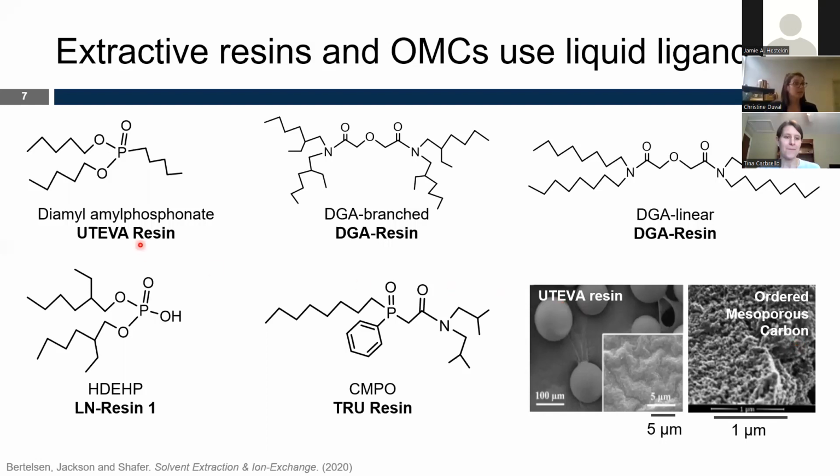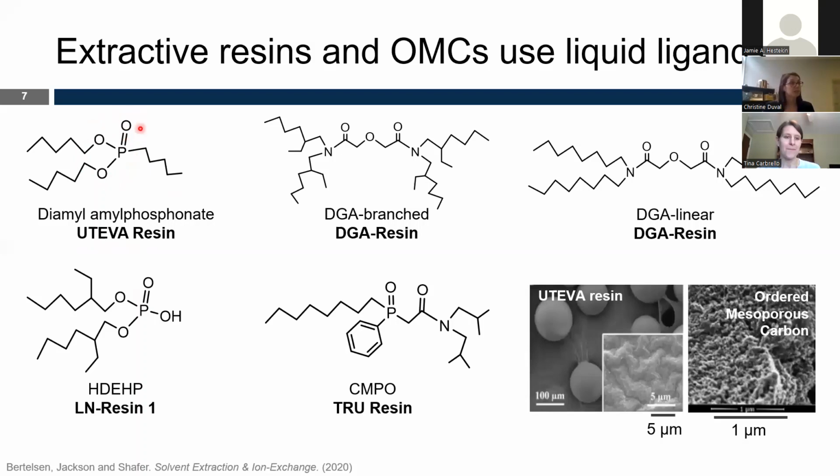So on the bottom here, each of these, you'll see the trade name of the resin that's been produced by Eichrom. Usually when you read the literature, that's what's reported. What I put above that are the different chemical names and structures for the different organic ligands. Something you might notice, this first one, our UTEVA resin, which is our diamyl amylphosphonate, has a very similar structure to our original tributyl phosphate, which was used in the PUREX process.